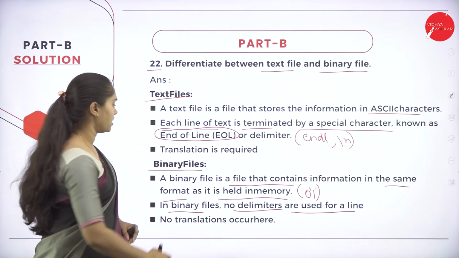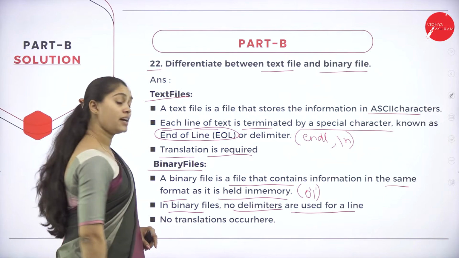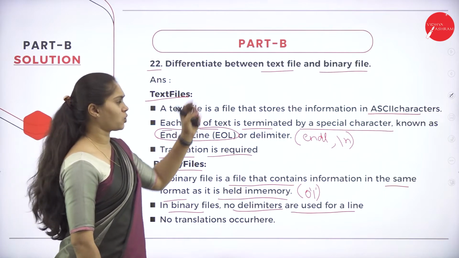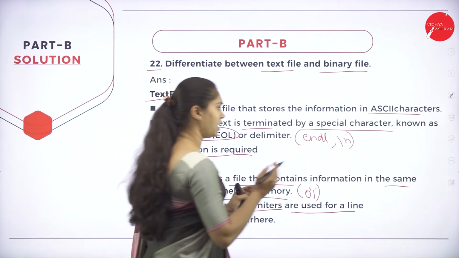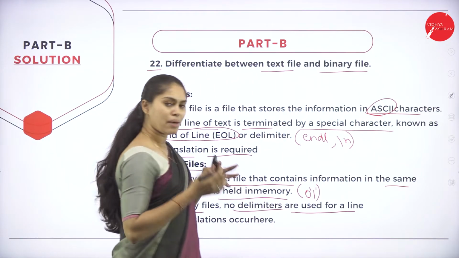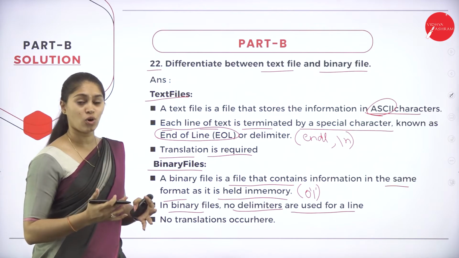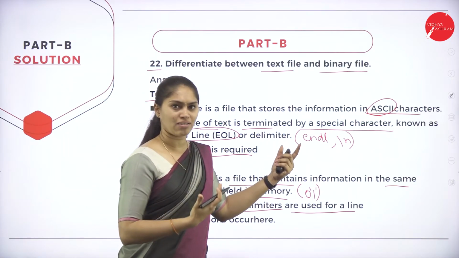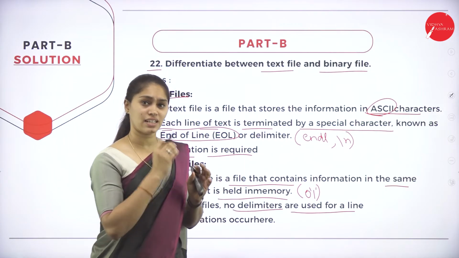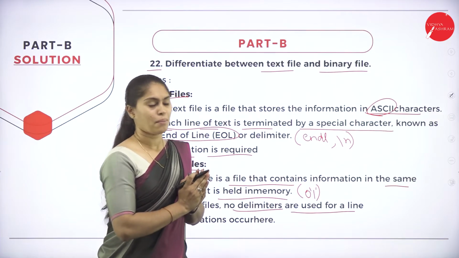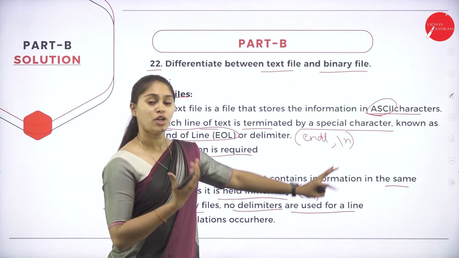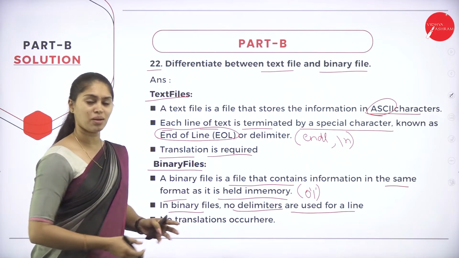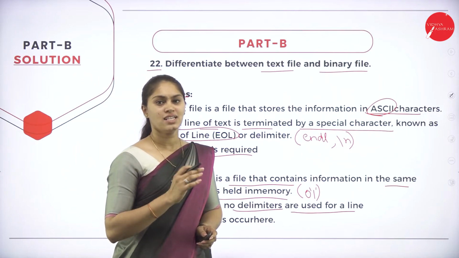What is the next difference? Translation is required. Why is translation required in a text file? How has the data been stored in the text file? It is in the form of ASCII. But can the computer understand ASCII? No. The ASCII code has specific values for each character and each symbol on a keyboard. But when I want to do some calculation with the computer system, it has to deal with zeros and ones.